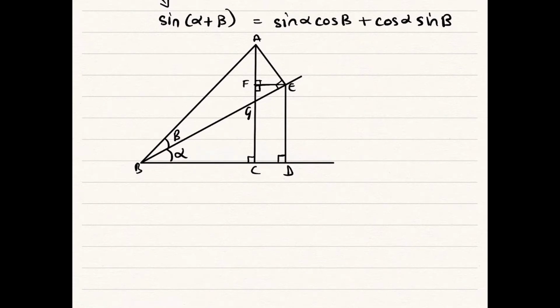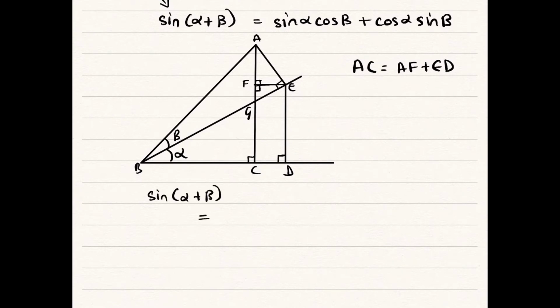If you see, I have a side AC here which is geometrically the sum of AF plus FC, and FC is equal to ED, so AC is equal to AF plus ED. Now what is sine alpha plus beta?